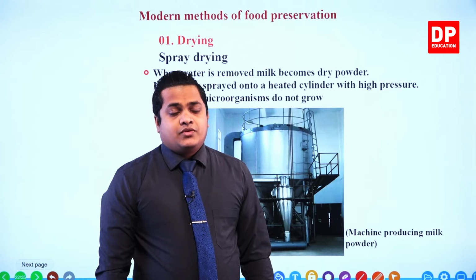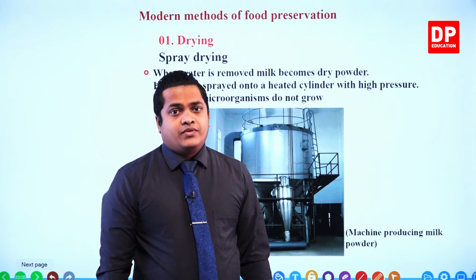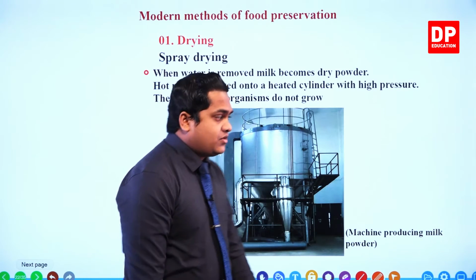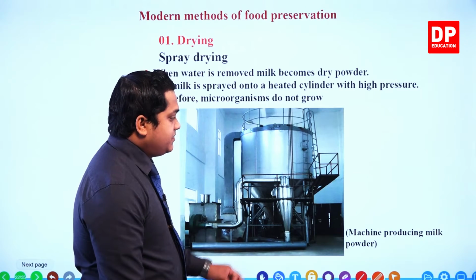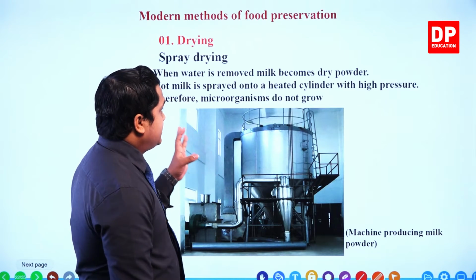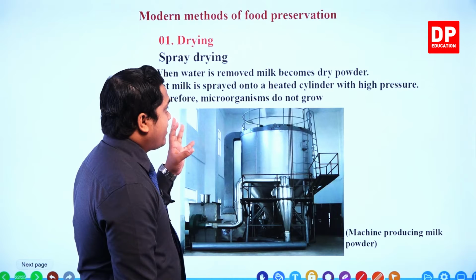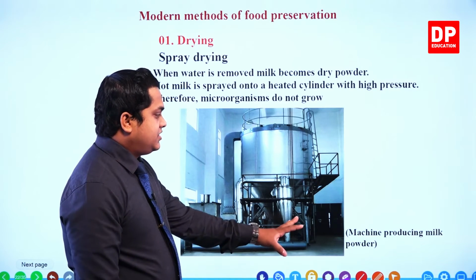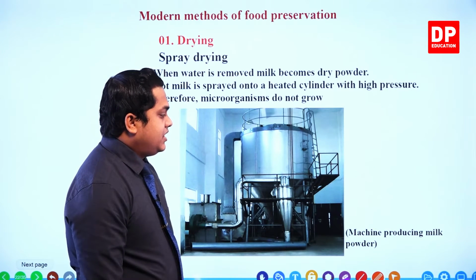Even though the temperature is somewhat greater, we increase the temperature to kill microorganisms, right? This machine is called the spray dryer. This is the machine that produces milk powder.